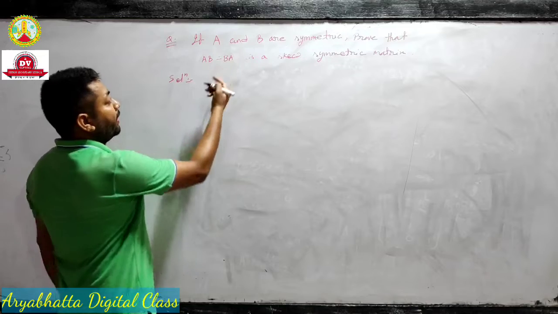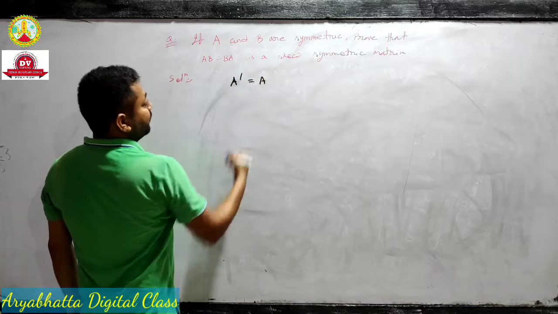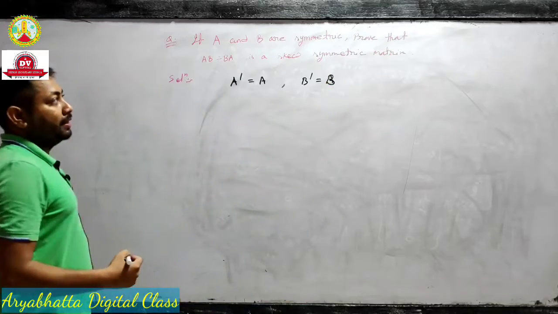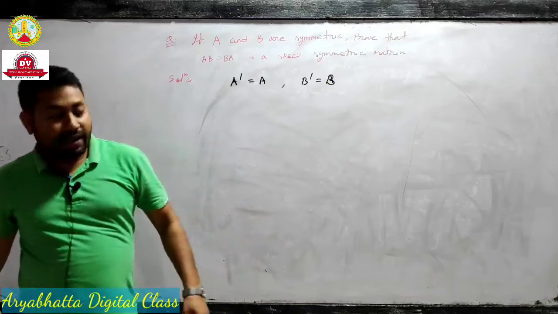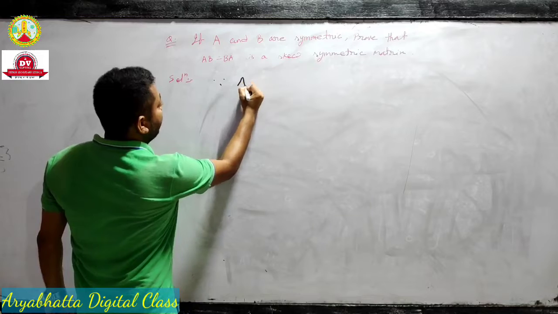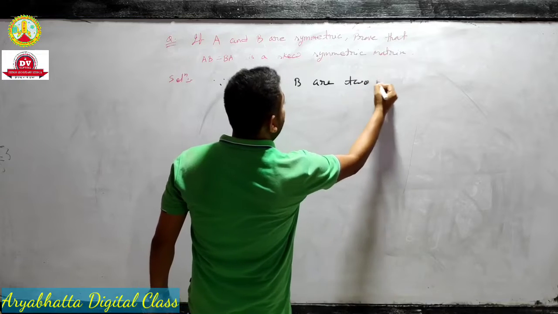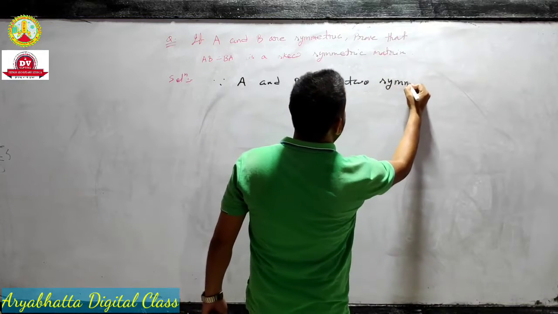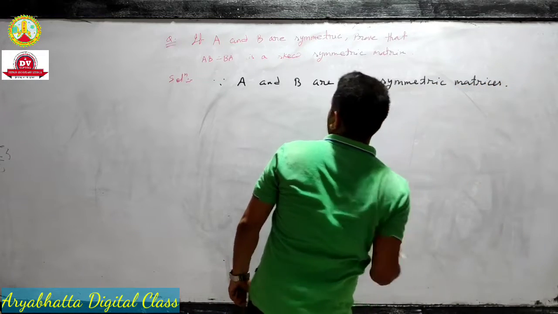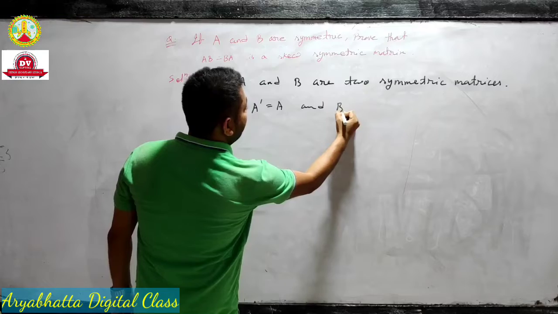We know that if A is a symmetric matrix, then A dash equal to A, and if B is a symmetric matrix, then B dash equal to B. We know that if A and B are two symmetric matrices, then A dash equal to A and B dash equal to B. Therefore, we can write A dash equal to A and B dash equal to B.